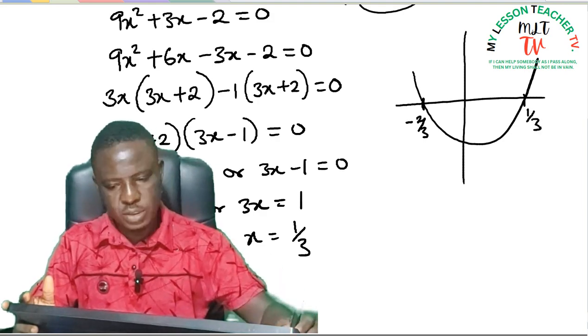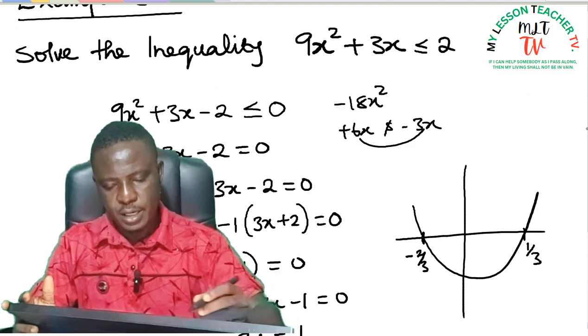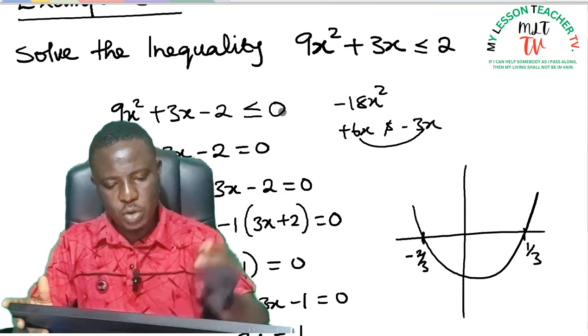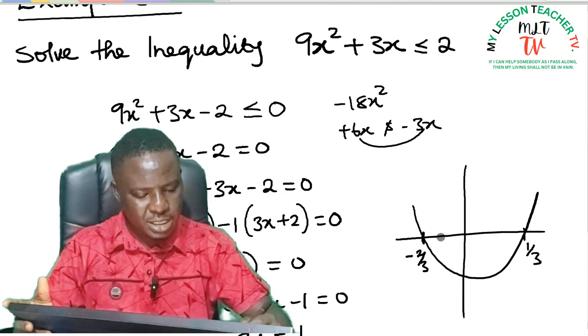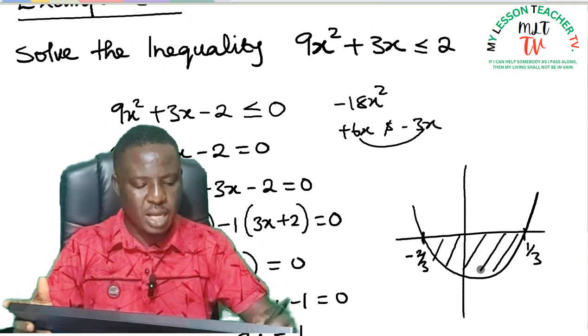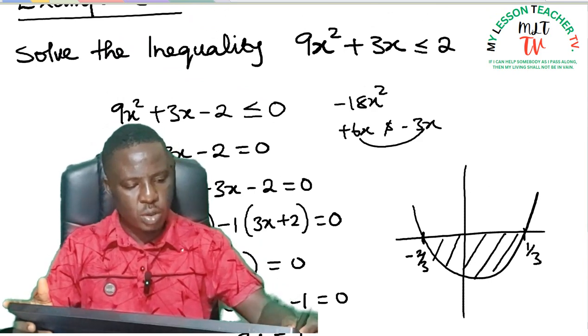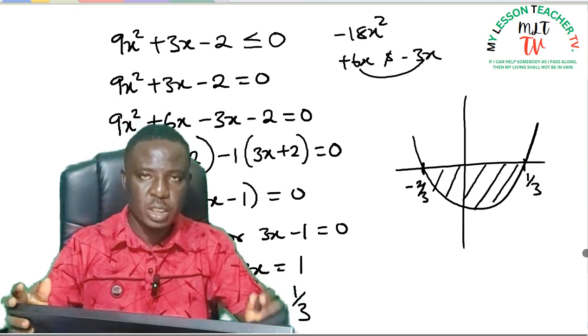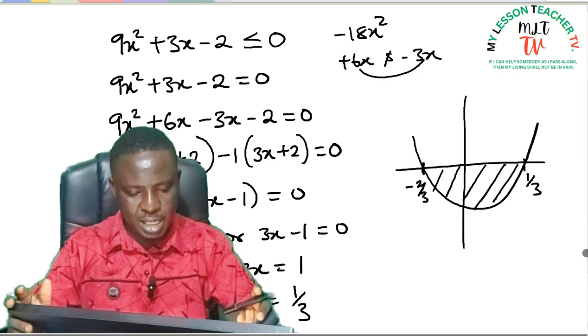So the question says we should solve the inequality where this is less than or equal to 0. And it is at this region that the parabola is less than or equal to 0, because the value of y at that region is less than 0.